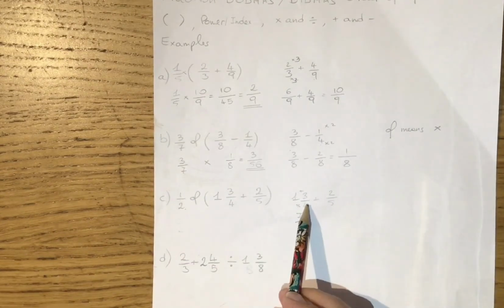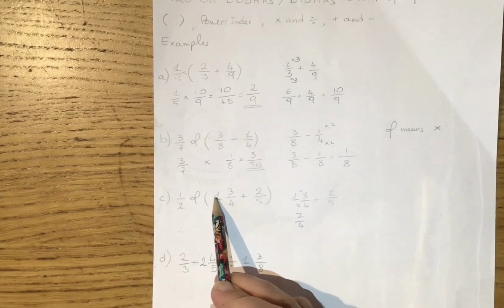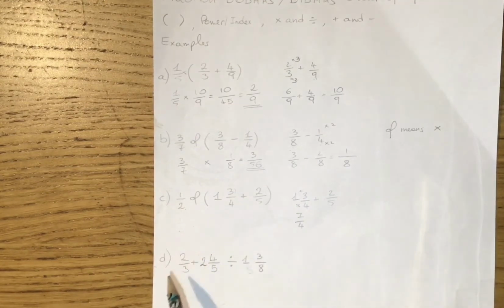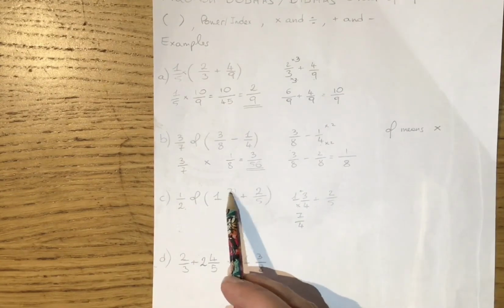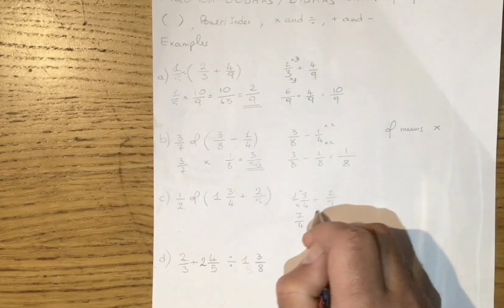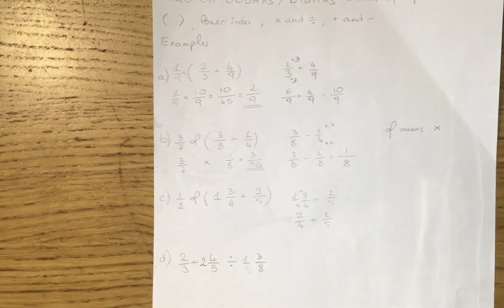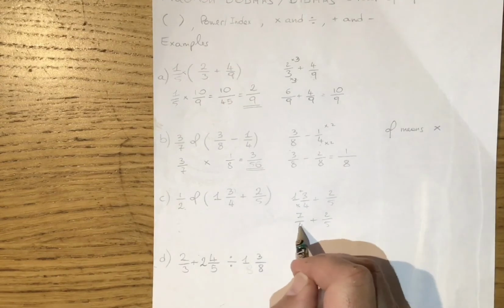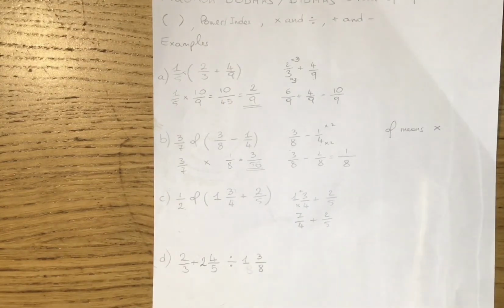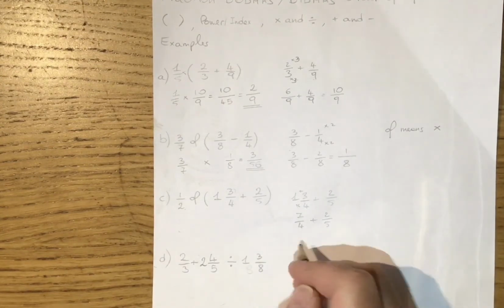So what I've done there is 4 times the number on its own, so 4 times 1, and then I added the numerator. So 4 times 1 is 4 plus 3, 7. And then I'm going to add 2/5. Now, different denominators, we need to make the same denominator. They are not multiples of each other, so I am going to times them by each other.